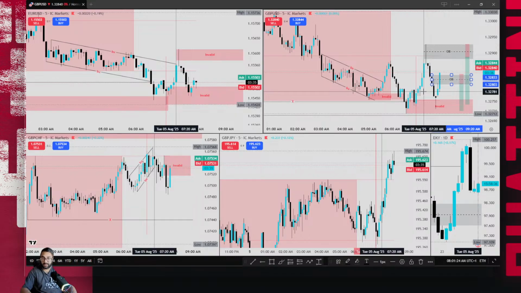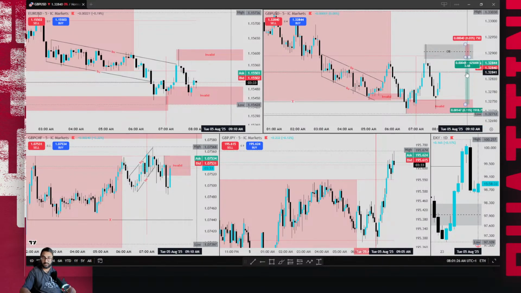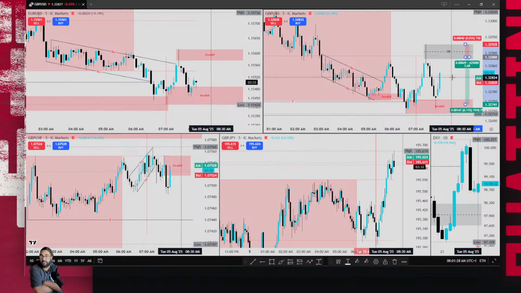Yeah, look at that. That zone failed. Now I need to see if this zone's going to get respected or not.